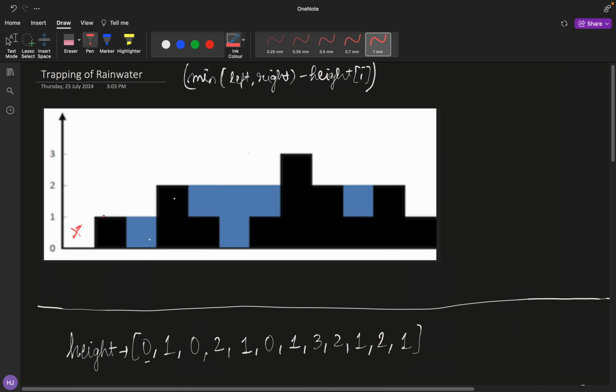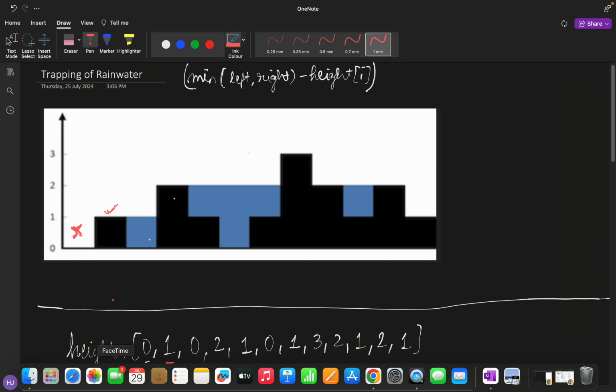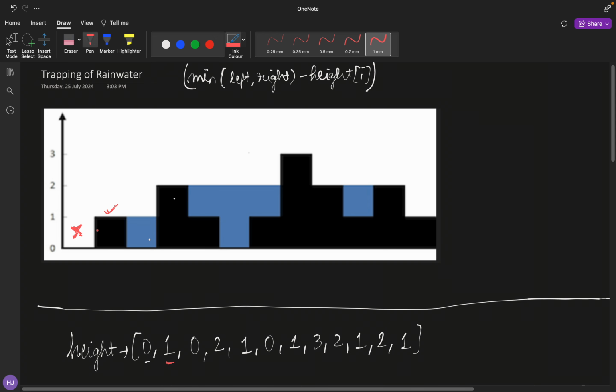Now moving further to the right, when the height is 1, we can't really store water over here, since there is no building at this point, so holding water in this segment is not possible. So we can simply jump to the next part.